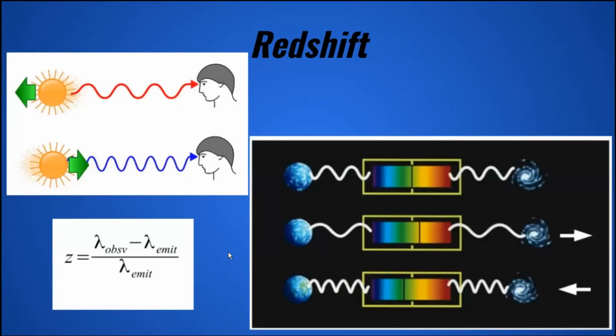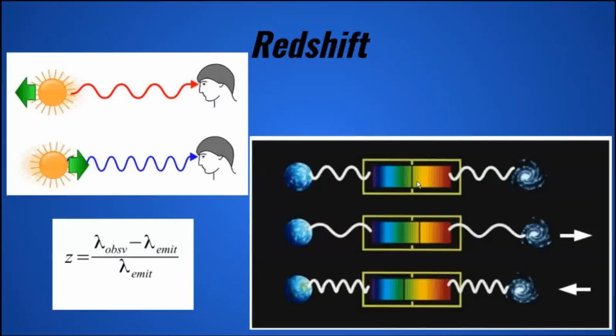Just a quick slide on redshift. Redshift is due to the expansion of the universe. Essentially, if a star is nearby, it causes redshift because of its movement, like an ambulance with the noise. And this is what happens to the line.